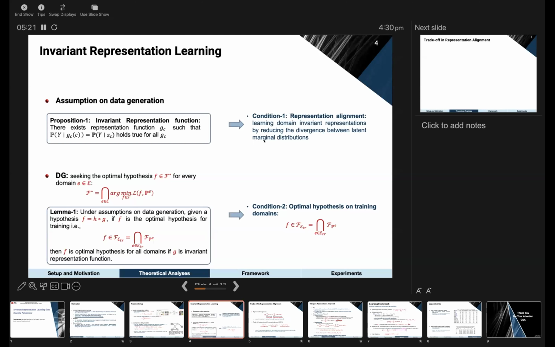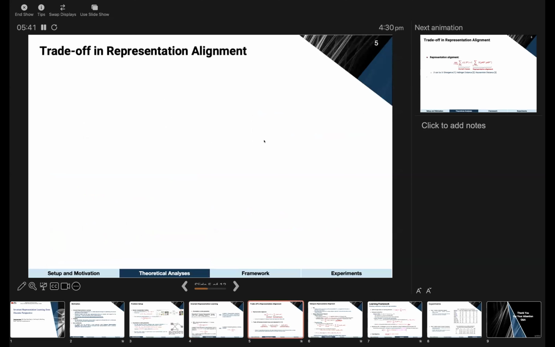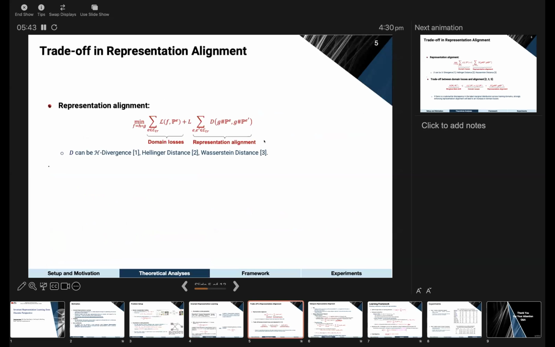Particularly, we minimize the divergence between the latent distributions across domains, and we also have the second condition, that the optimal hypothesis should be the optimal predictor across the training domains. These two conditions can be optimized by the following objective function.